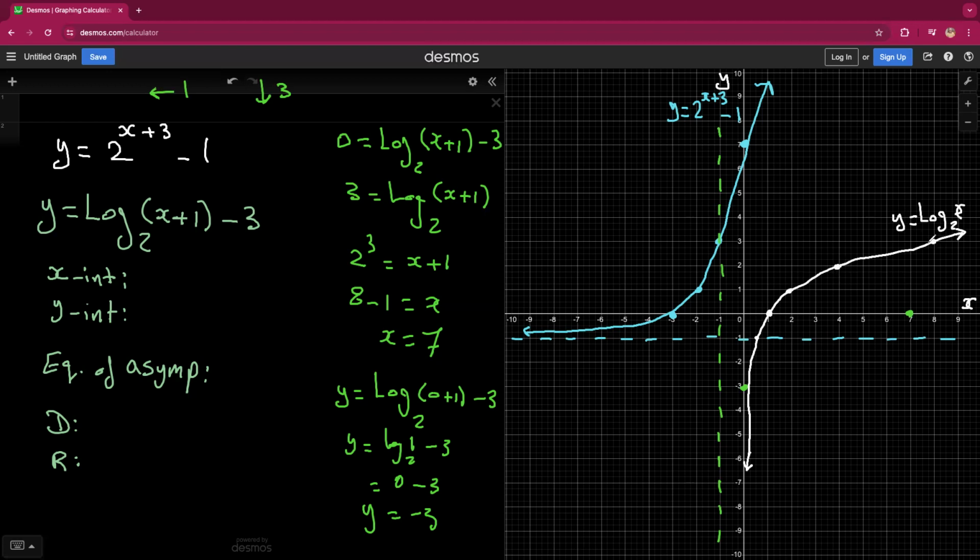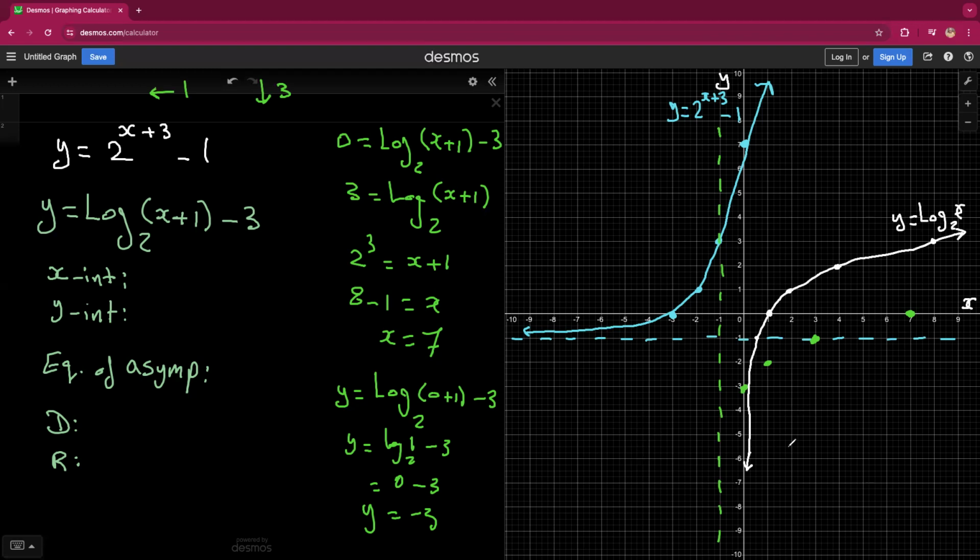Let's start at this one: move it 1 to the left and 1, 2, 3 down. That's the x-intercept. Let's take this, move it 1 to the left, 1, 2, 3 down. Then take this, move it 1 to the left and 1, 2, 3 down. And then take this, move it 1 to the left and 1, 2, 3 down, which is my y-intercept.